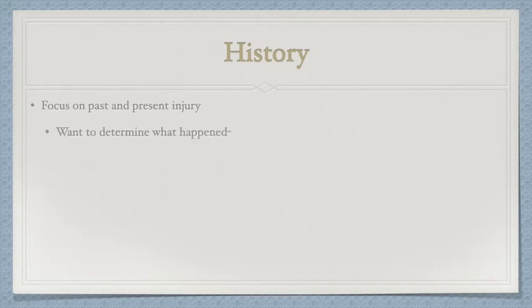What we really want to do here with our history is the thing that we're trying to zero in on, because when we're doing an injury evaluation, we're like a mystery detective. We're trying to take all the clues from the mystery and solve who done it, or for us, what happened. So we're trying to determine what happened.